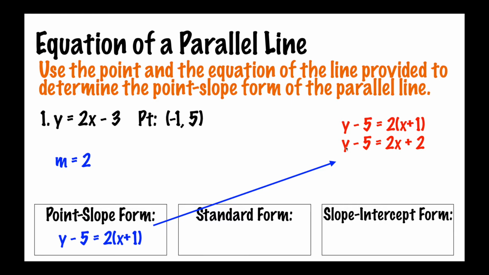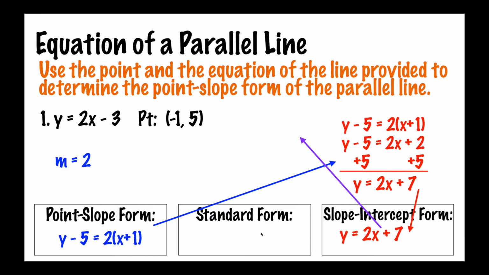From here to get y by itself, I just have to add the 5 over, and that gives me y is equal to 2x plus 7. Then finally, to come up with standard form, for standard form, I need the x and y to both be on the left side, and I also need my lead coefficient to be positive.